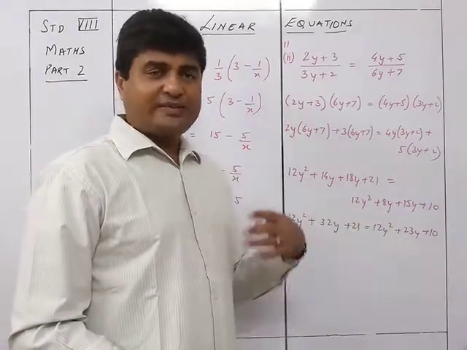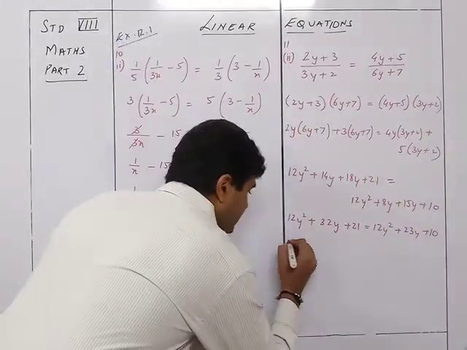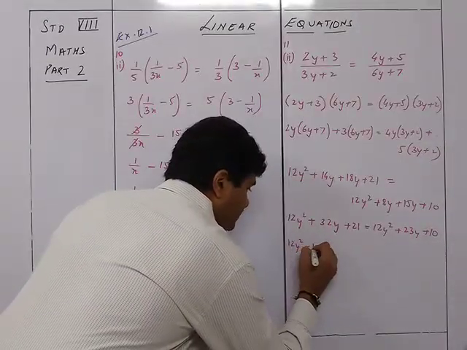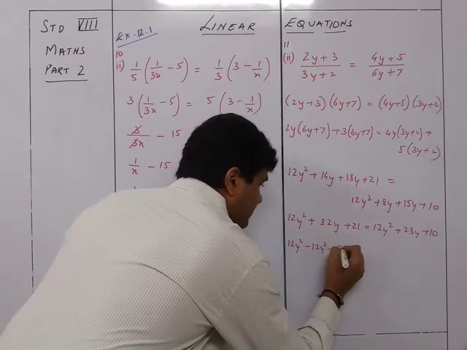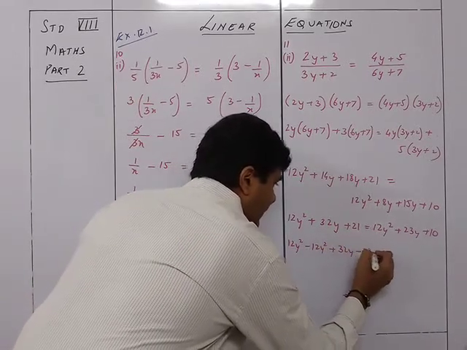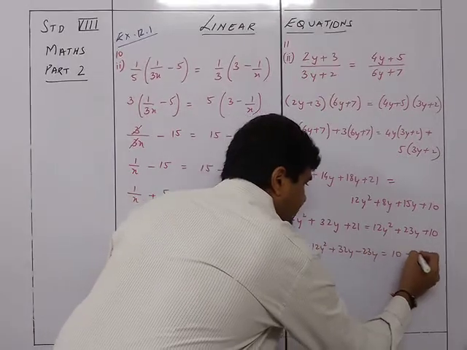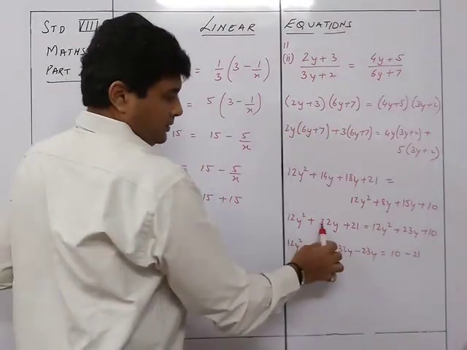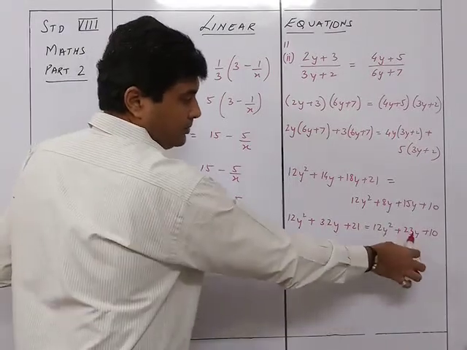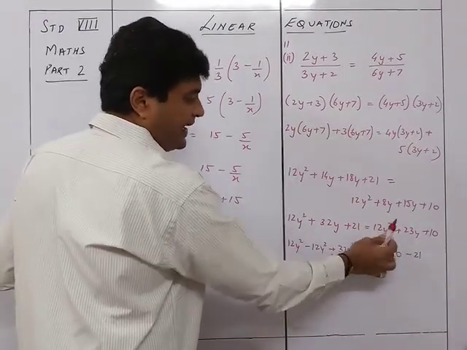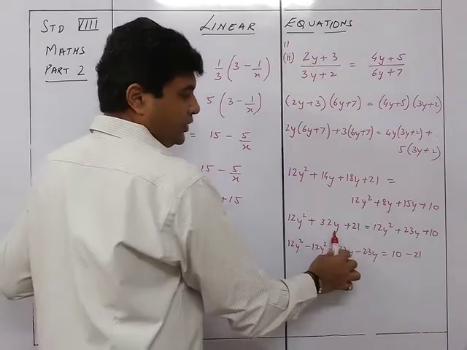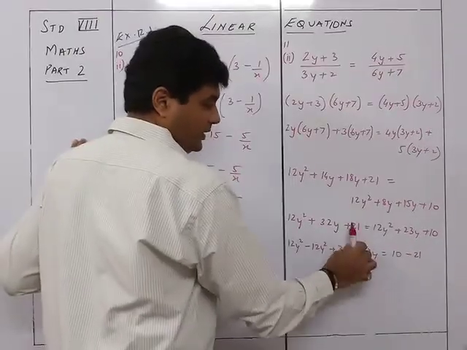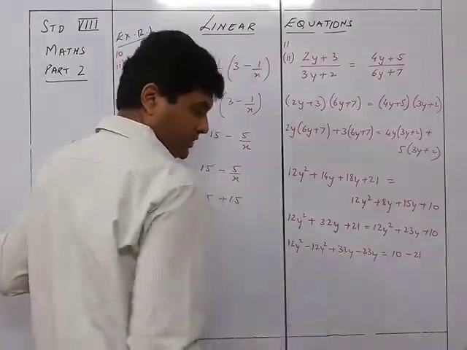Bring all y on one side, all numbers on the other side. We get 12y square minus 12y square plus 32y minus 23y is equal to 10 minus 21. 32 remains here. See, 12y square was here, it came from here to here so it became minus. 32 was here. 23 came from here to here so it became minus. 21 went from here to here so it became minus.